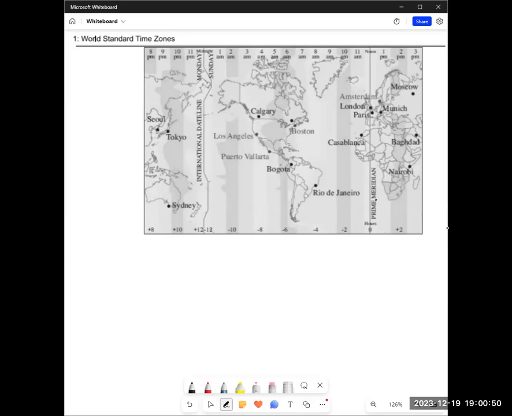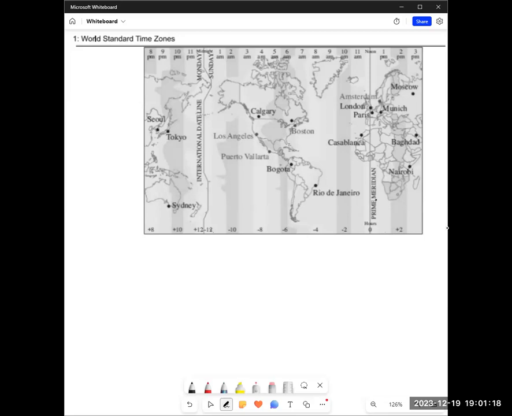So we want to go city that's further to the right on the positive side minus city that's further to the left. Usually that is how we want to do it. Or just look at it on there and count to the right or to the left to count the absolute difference there.